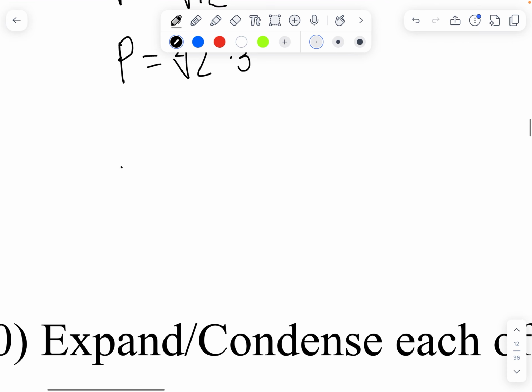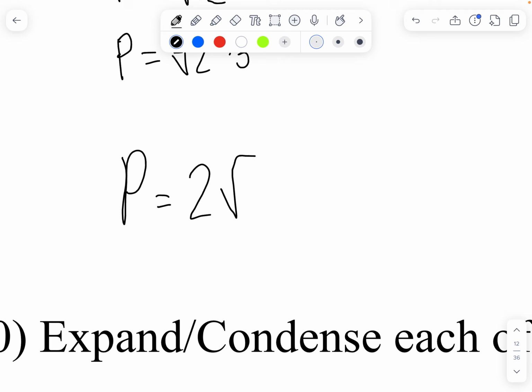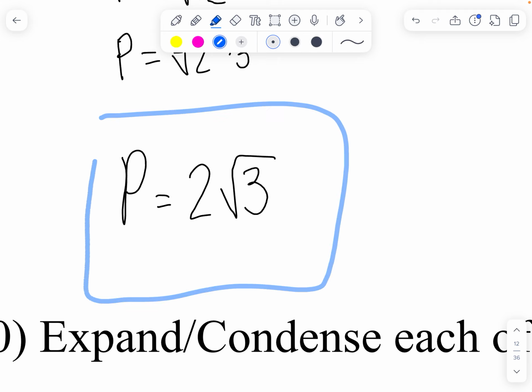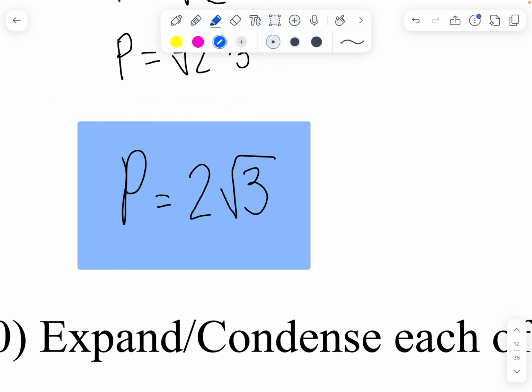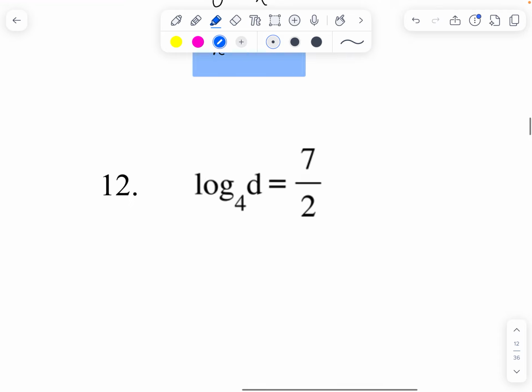So p equals 2 root 3. And on to the final question.